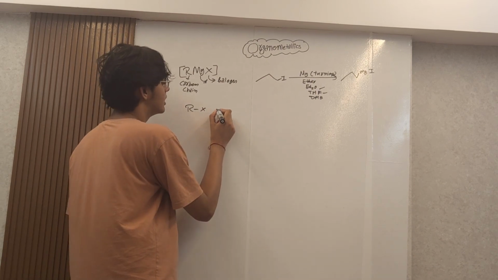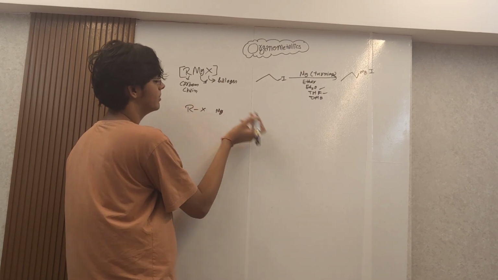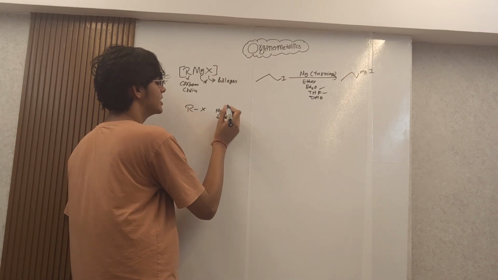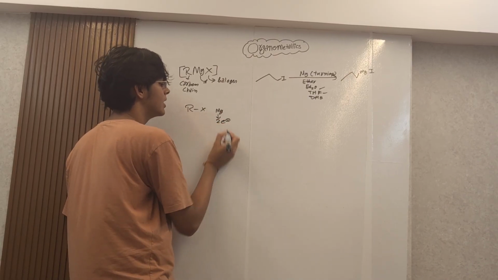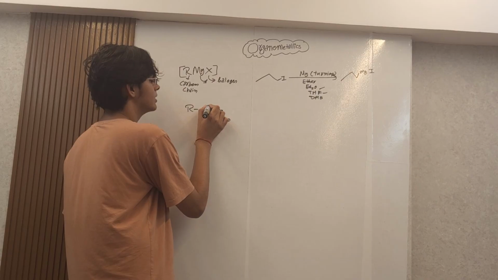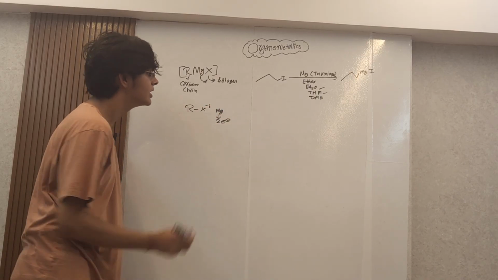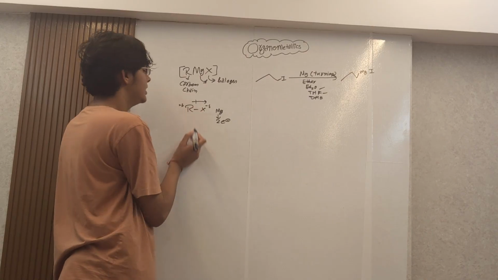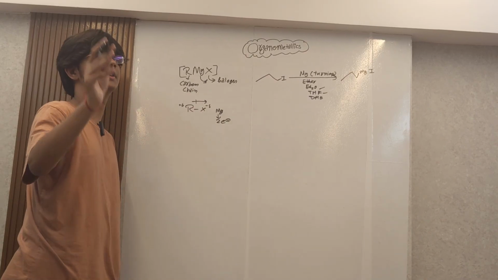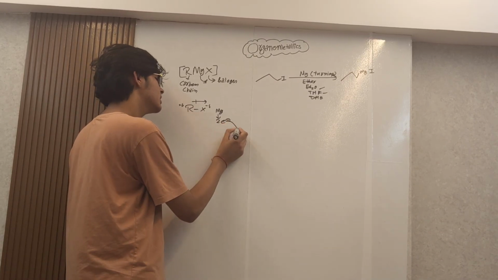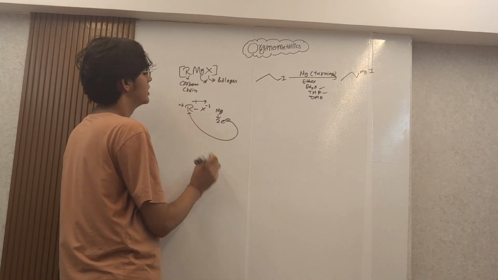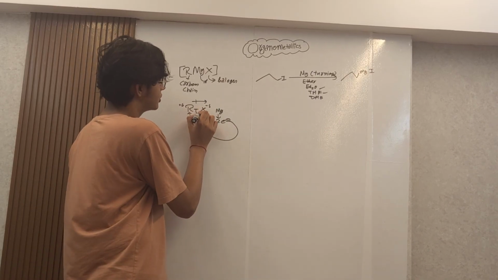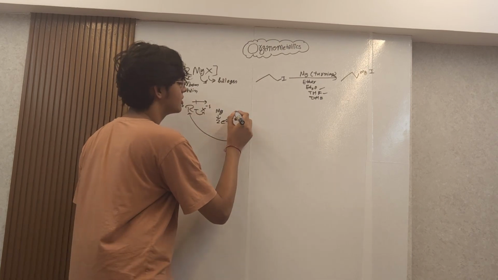And then we'll make it react with magnesium in an ether solvent. So what will happen is this magnesium would give out 2 electrons. And since the halogen is more electronegative, it will attract the electrons towards itself, making this R a good electrophilic center. So this negative would attack this R, and X, being a good leaving group, would take these electrons and get out of the reaction.